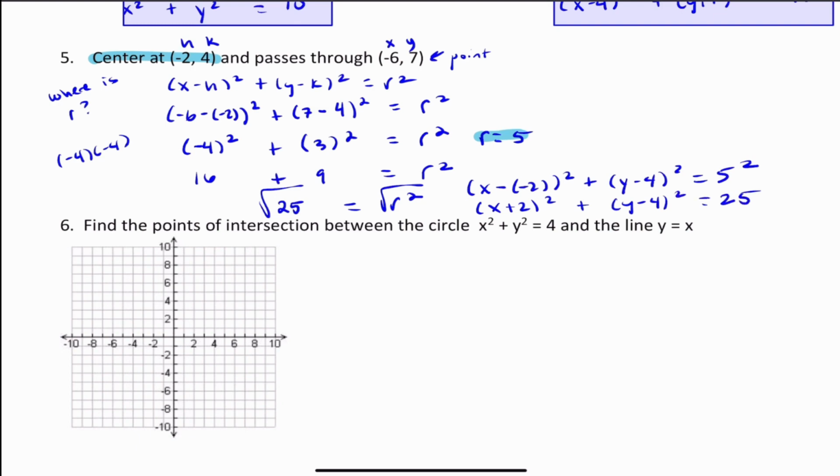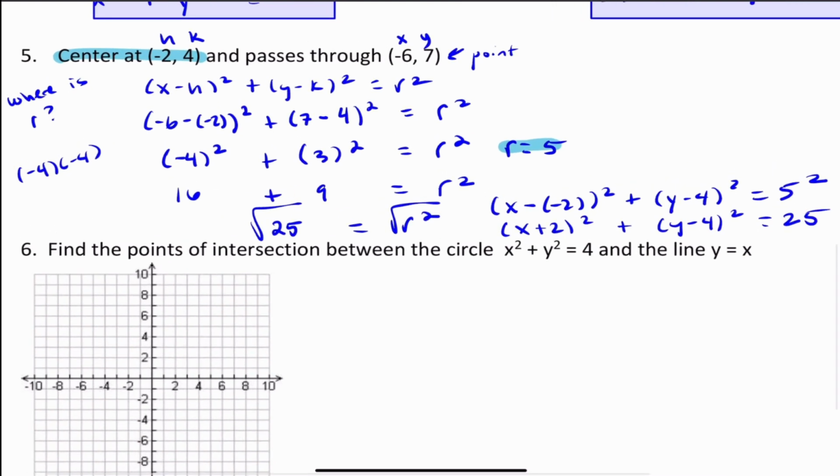And remember, it's 5 times 5, it's not 5 plus 5. So this should not be 10, it should be 25. Oh, and by the way, if you know what r squared is, you didn't need to take the square root on both sides, because our formula is dealing with r squared, and if we know what r squared is, we can just plug 25 in easily.